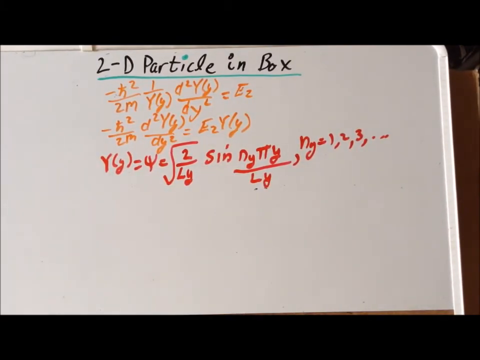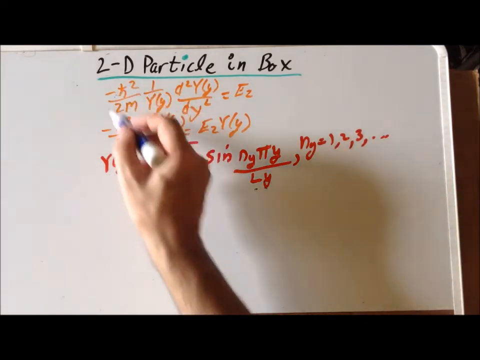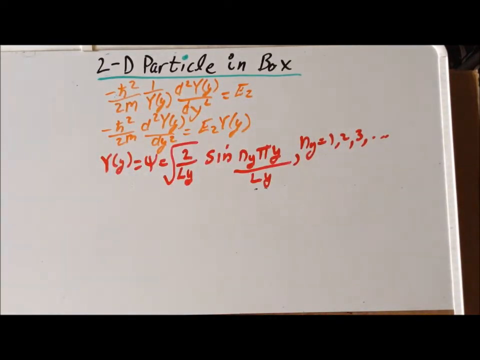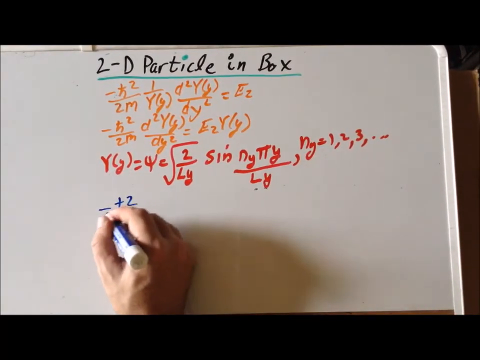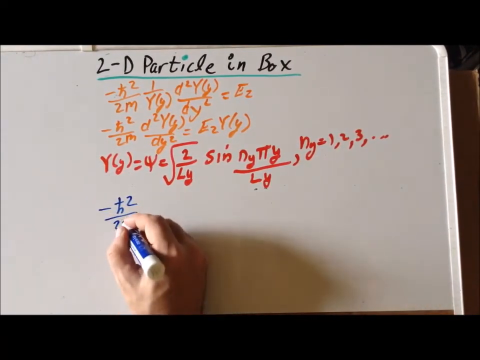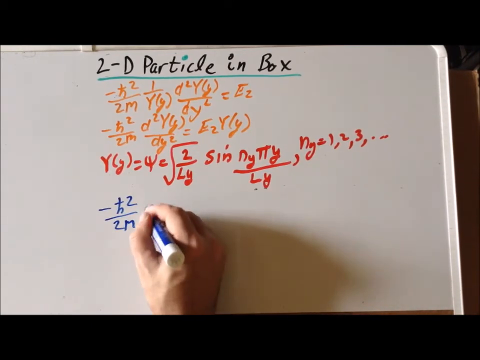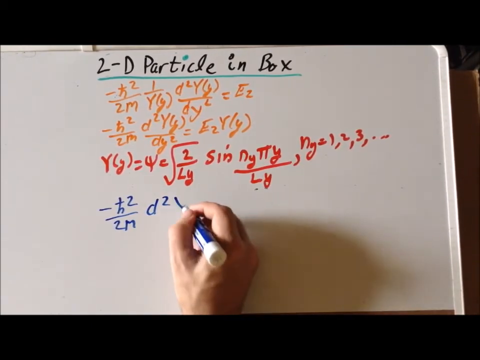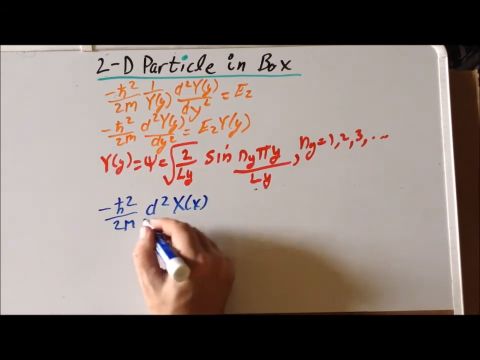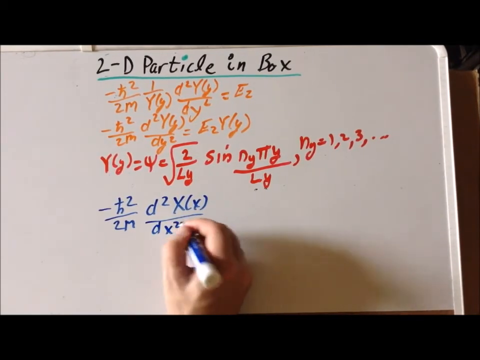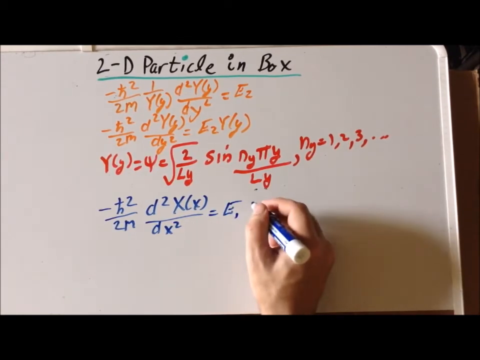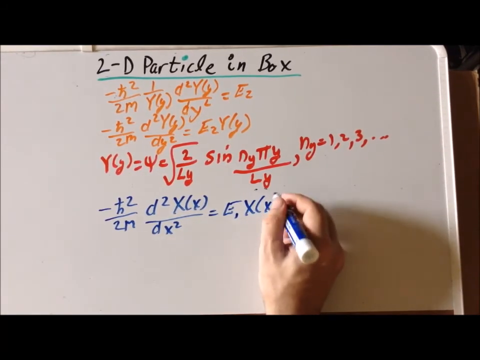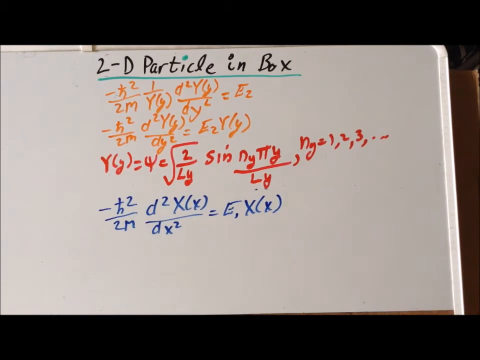Again, if we multiply both sides of that equation by big X of x, we get a Schrödinger equation in one dimension, which looks like minus h bar squared over 2m times the second derivative with respect to x is equal to E sub 1 times big X of x. And this is simply the one-dimensional particle in the box problem in the x direction.